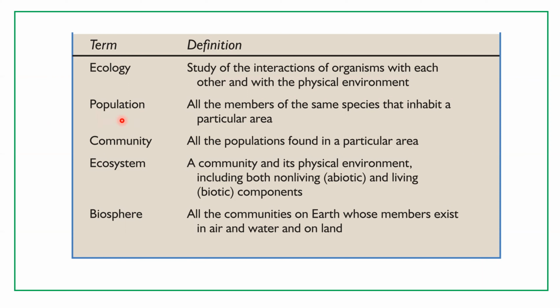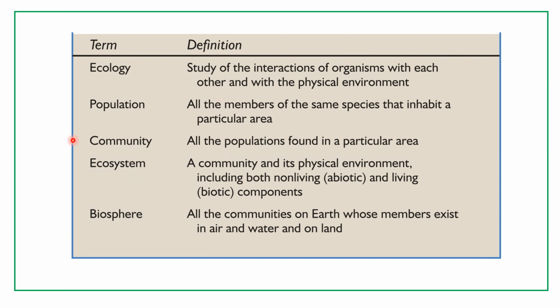So population. Populations are all the members of the same species that inhabit a particular area. Now, a community is all the populations found in a particular area. So populations are the same species; a community is all the populations in a particular area.